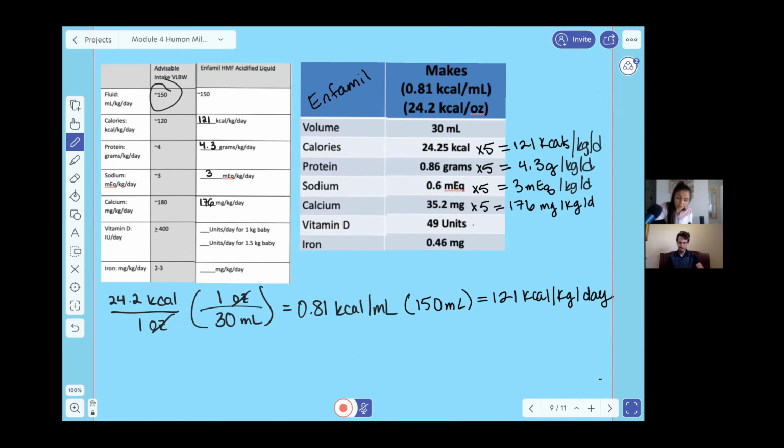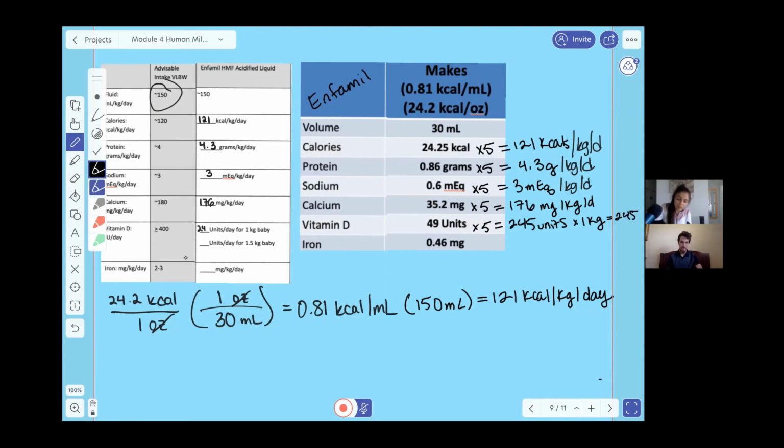And then here we go with our vitamin D, 49 times 5, which is going to give us about 245 units. If we need it for a 1 kilogram baby, we multiply that times 1 kilogram, which will still give us 245 units.